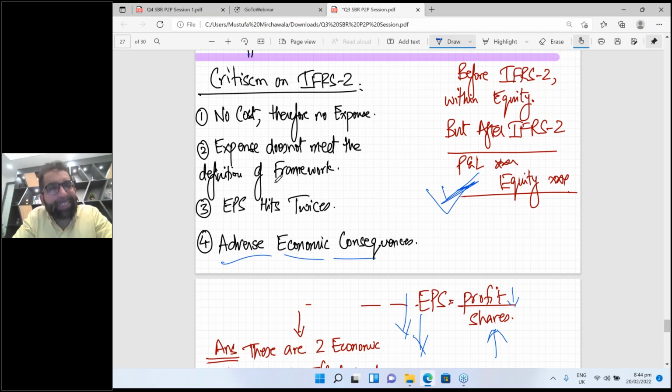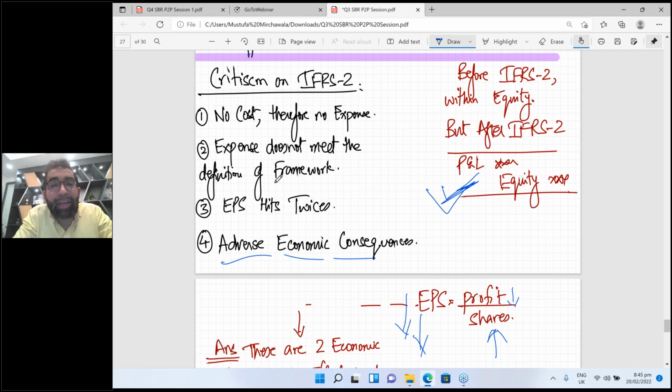And you know what the International Accounting Standards Board replied? The Board said that if we didn't launch this IFRS, the consequences were more adverse.